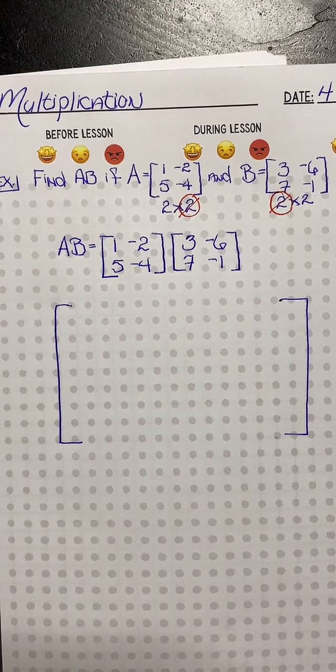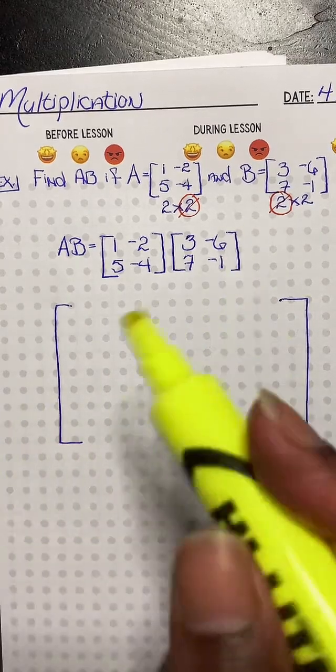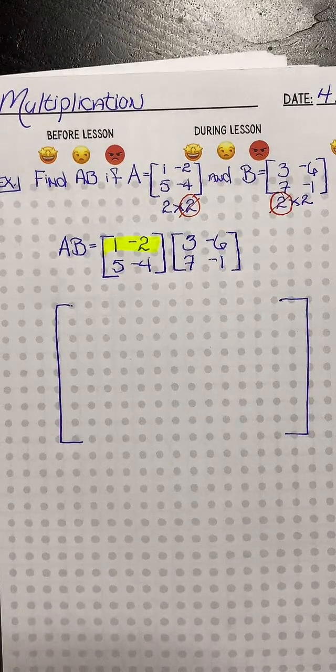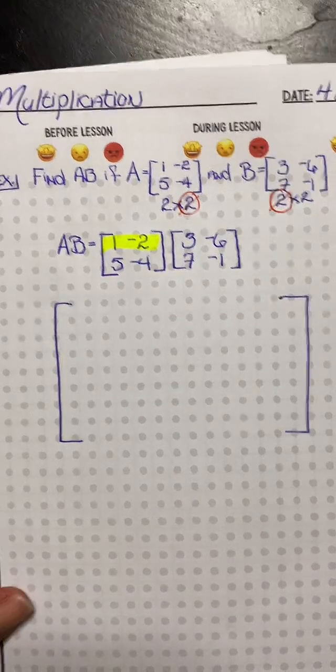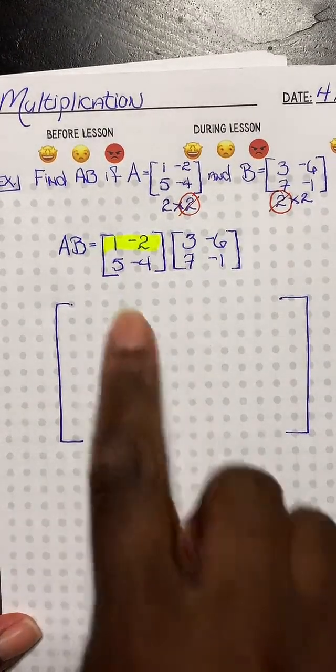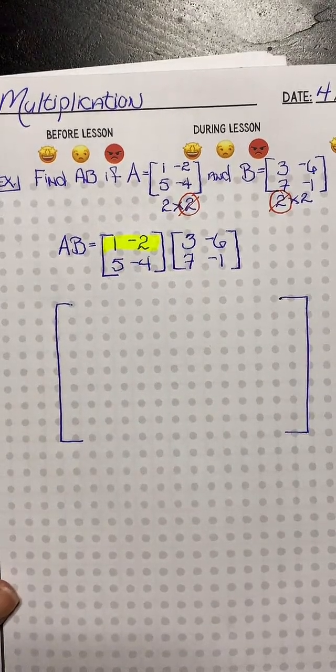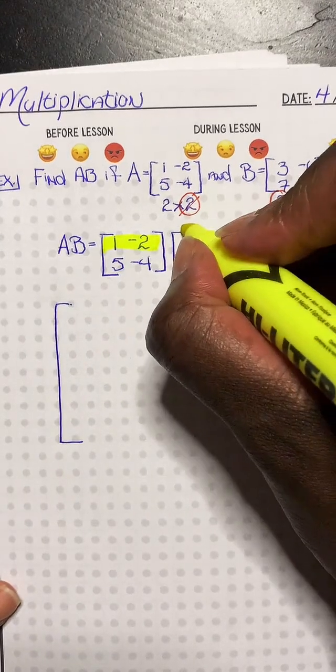We're going to do rows multiply columns. Here we go. We have our first row. With our first row, we're going to multiply the first row with the first column.